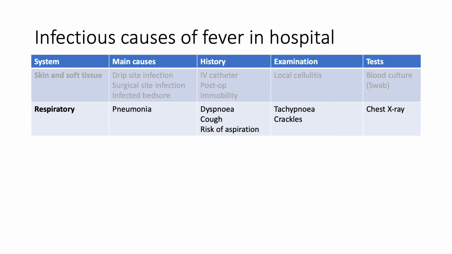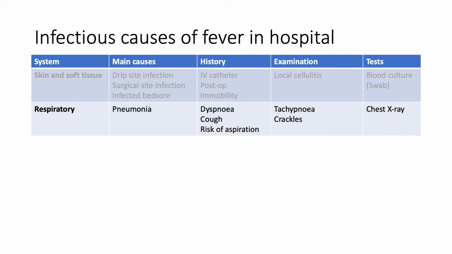On history, really fairly obvious if you ask about it in most patients, and that is there's a complaint by the patient or their caregiver of shortness of breath, dyspnea. Also, you might see cough and have a high index of suspicion in patients who are at risk of aspiration, just like the patient that we've presented in the case now, who's had a stroke and is aphasic and is probably having difficulty swallowing.